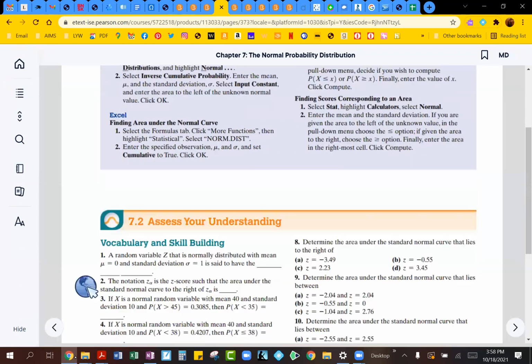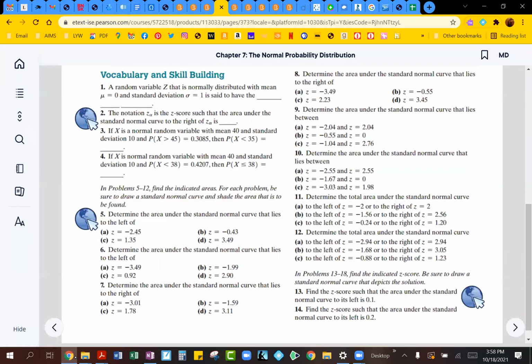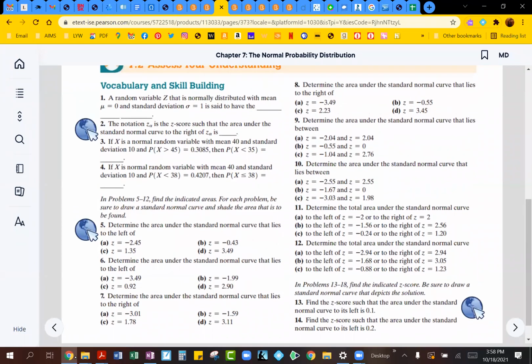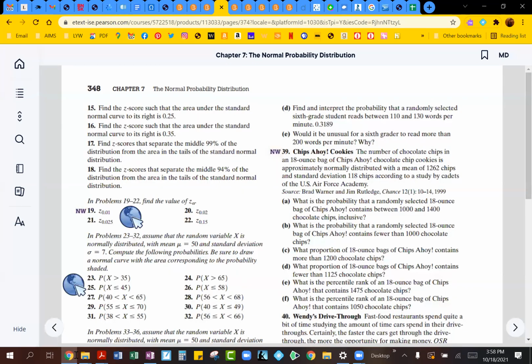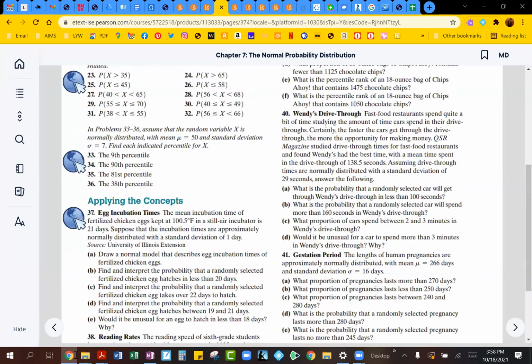So I definitely ask you guys to read over it to try and find that. So here in part 7.2, you will see they're giving you some of these generic examples for practice. So again, you can use that just to get comfortable with the bell curve. And then we can work on some of these application problems.